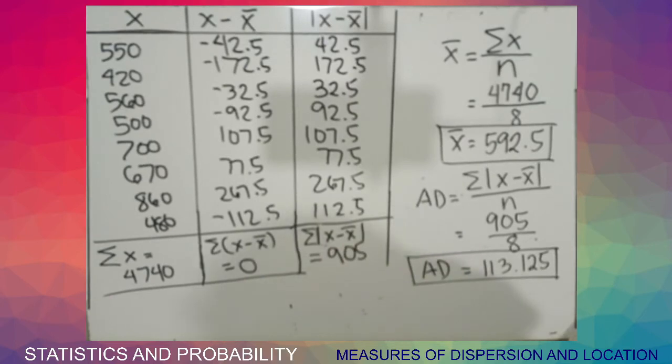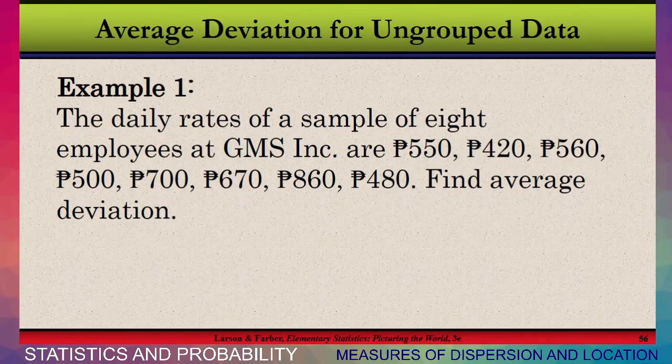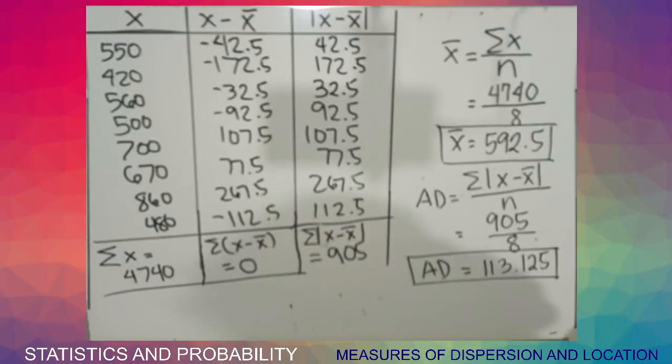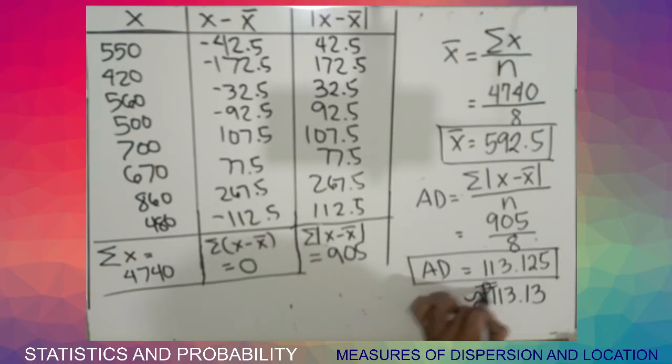So, balikan natin yung example. Kung nakalagay dito, yung given nating data is peso. Ibig sabihin, yung ating decimal places kanina, which is 0.125, ay iraround off natin into two decimal places. So, yung average deviation natin is approximately 113.13 pesos.